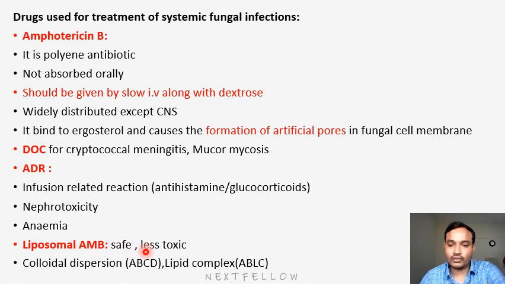There are two types: colloidal dispersion type and lipid complex type. These are safe, so we can use them in nephrotoxic patients also. Being liposomal, it easily crosses the blood-brain barrier, so it has more beneficial effect compared to amphotericin B.